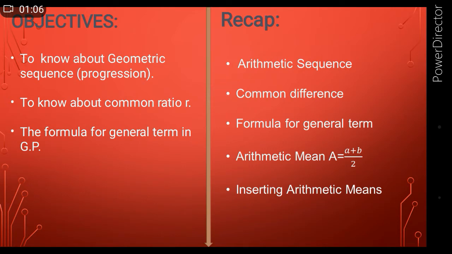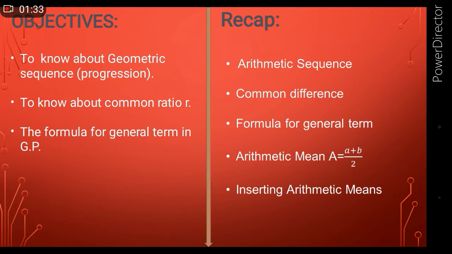Then the formula for the general term, that was an is equal to a plus n minus 1 into d. Then what is arithmetic mean? This is the formula for finding arithmetic mean, and in the last we inserted arithmetic means between two terms.